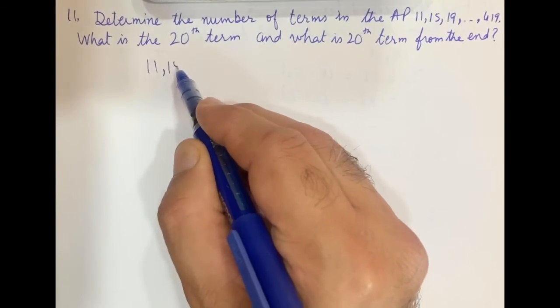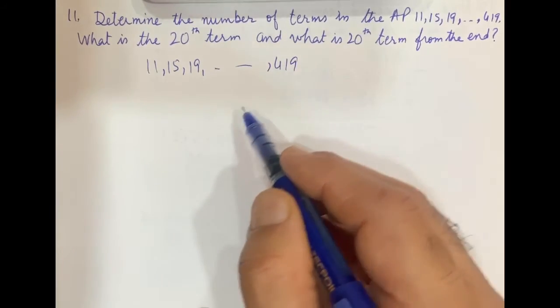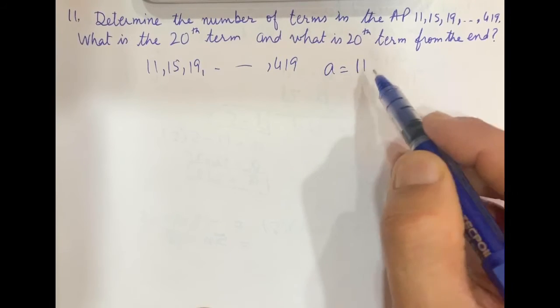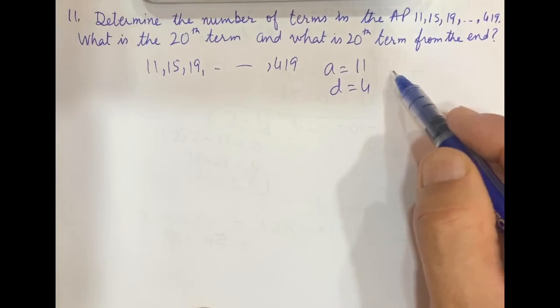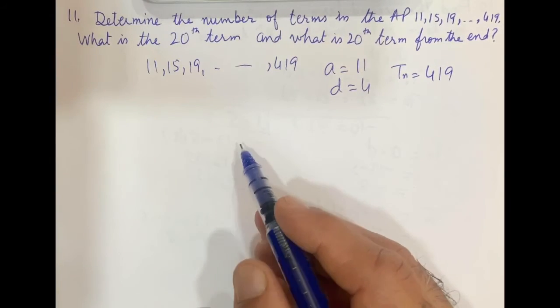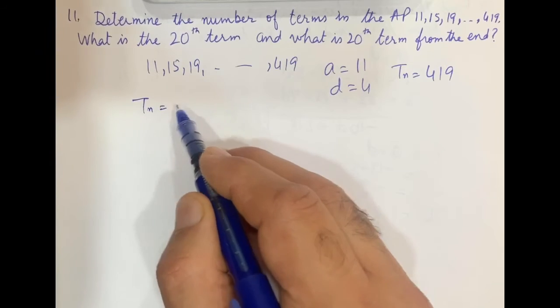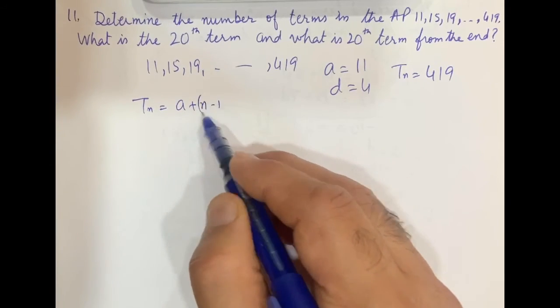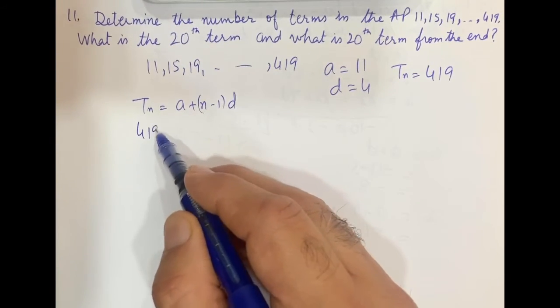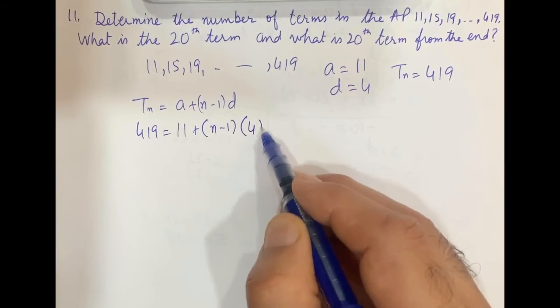We are given another AP. This is 11, 15, 19 and so on up to 419. So first term is 11, common difference is 4, and nth term is, let's say, 419. We have to find the number of terms in this AP. So from Tn equal to A plus (n minus 1) into D, it's 419 equal to 11 plus (n minus 1) into D is 4.